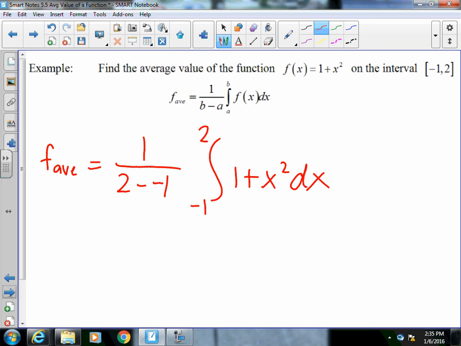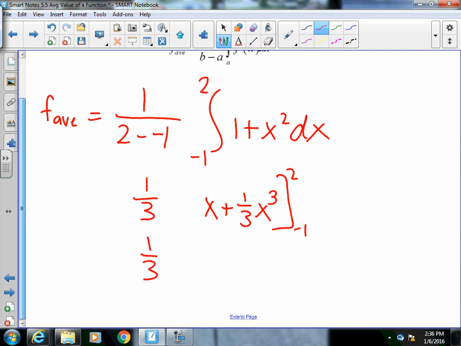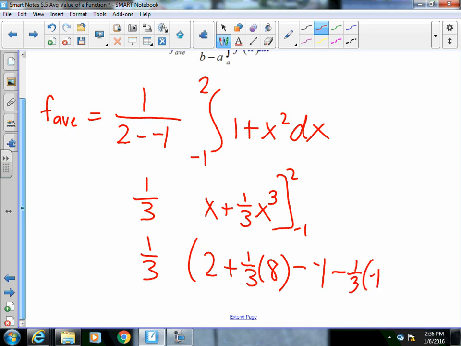So, we work this out. We need 1/3 times the antiderivative of our integral from negative 1 to 2, which means 1/3 times 2 plus 1/3 times 8 minus 1/3 times negative 1 cubed.